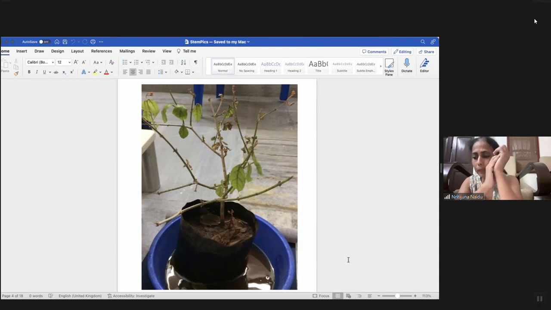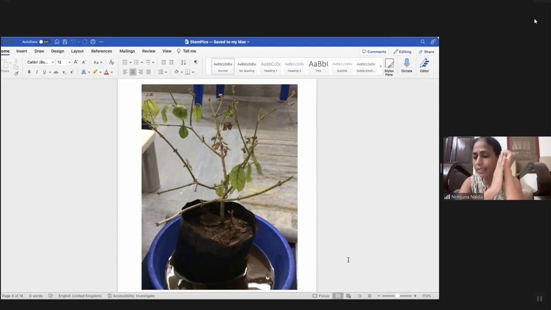Point to the stem and say, this is the stem of the plant. It is usually above the ground. In some cases, you find them underground as well, but that's a story for another day. The stem is usually above the ground.